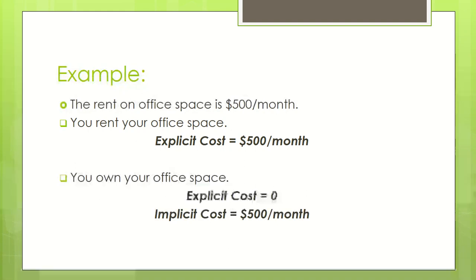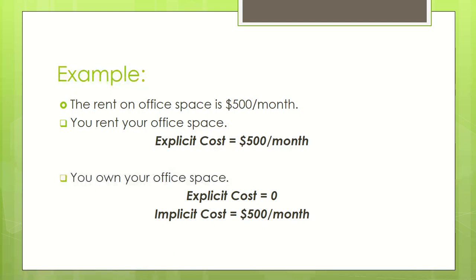And here case number 2 is you own your office space. Let's suppose there is an extra room in your home which you are going to use as an office. So here explicit cost is, how much will you pay to your own self at the end of each month? The answer is 0, as you are the owner of this room.